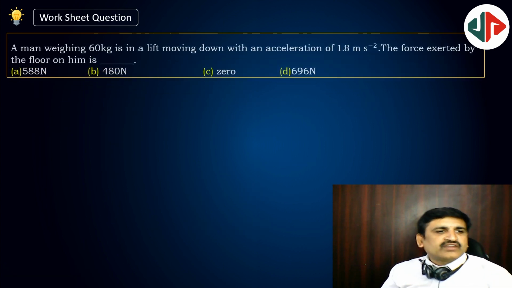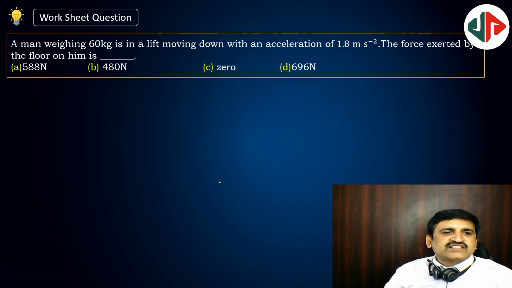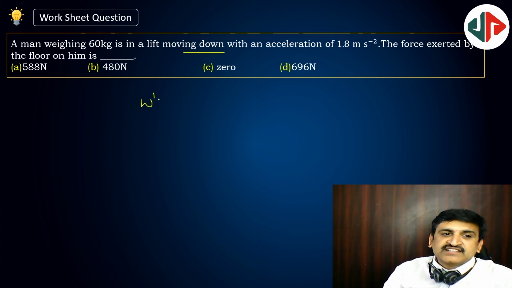A man weighing 60 kg is in a lift moving down. Then apparent weight, which is the force exerted by the man on the floor, is m of g minus a.